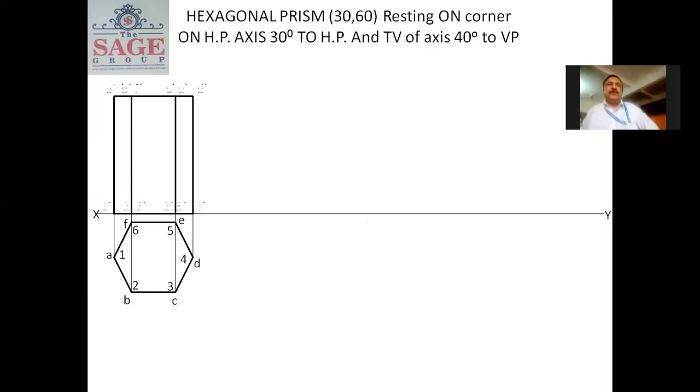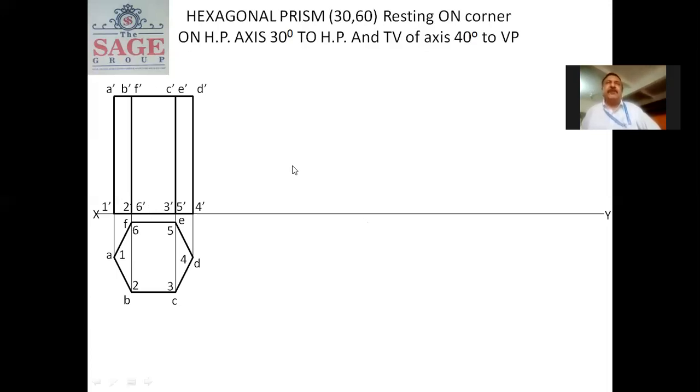Now transfer one naming above and one naming below. So this completes our problem: a hexagonal prism resting on a corner, with its axis perpendicular to HP.